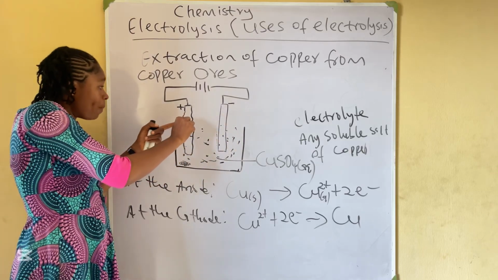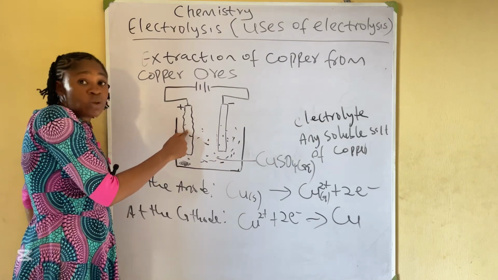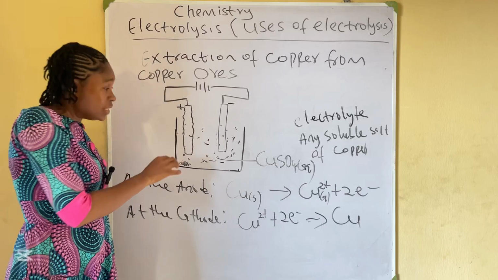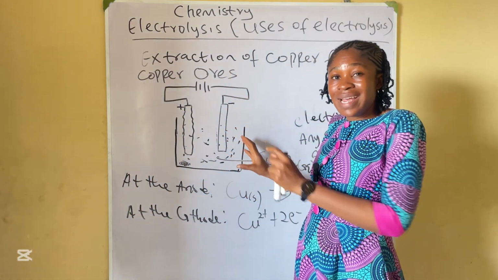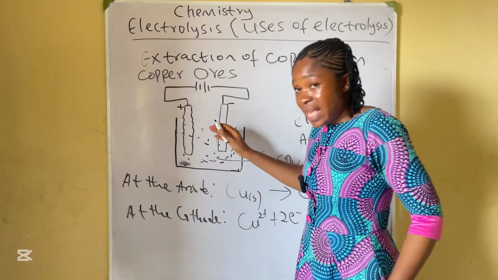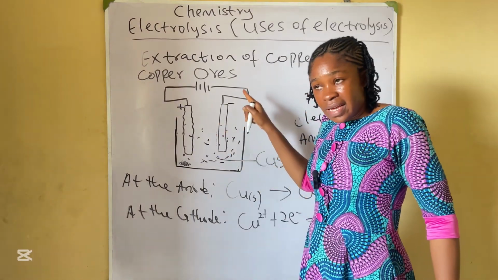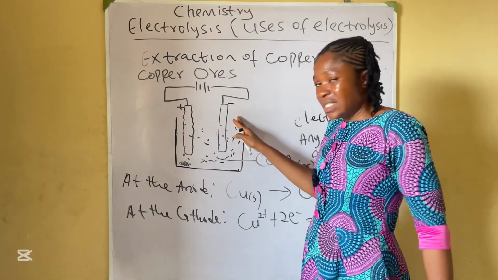Since the copper in the ore will dissolve in the solution, the anode will begin to decrease in size, whereas the cathode will begin to increase in size. At the end of the electrolysis, there will be an increase in mass of the cathode because copper is deposited there.